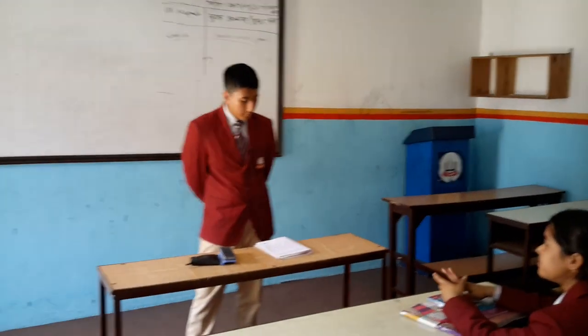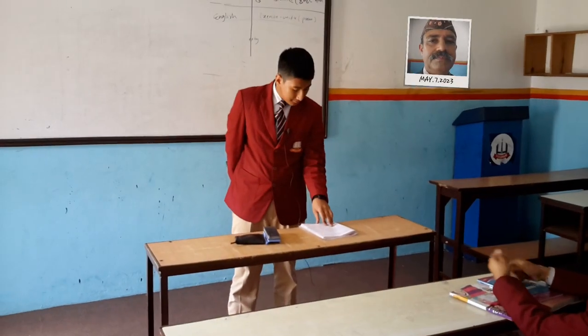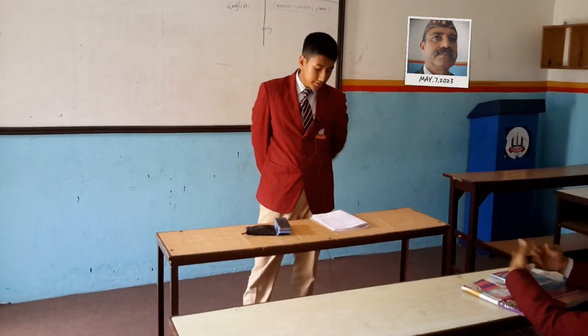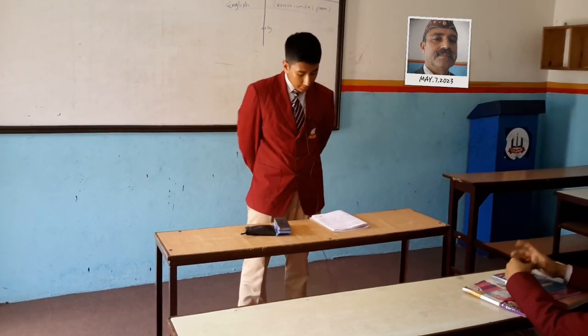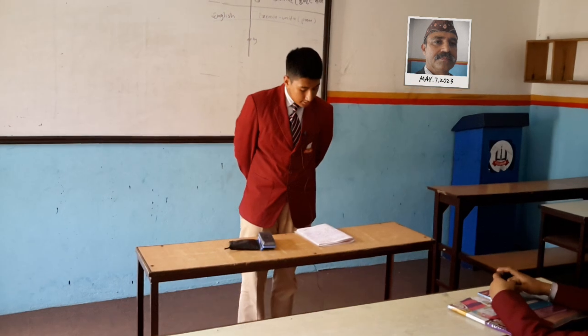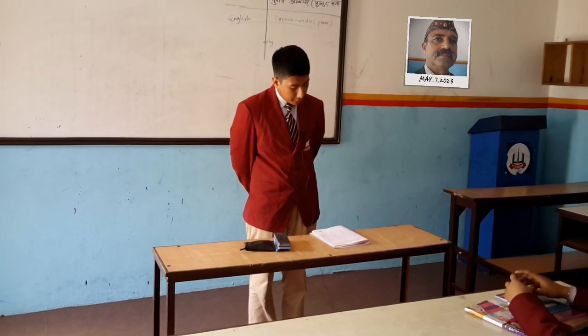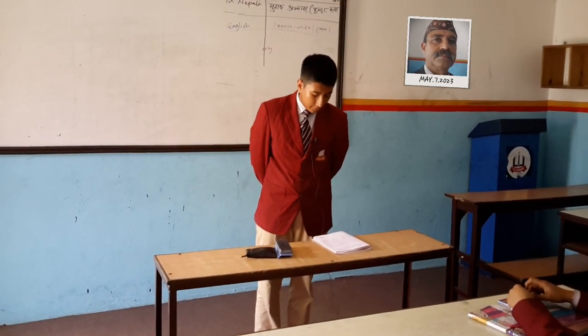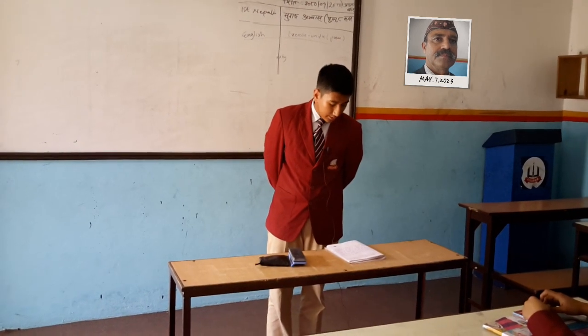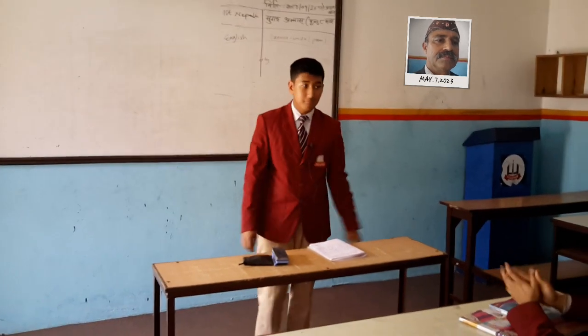And point number 4, by manipulating or controlling variables, researchers can establish cause and effect relationships. This is important because it allows scientists to make valid conclusions about the effect of variables on the outcome of an experiment or observation.